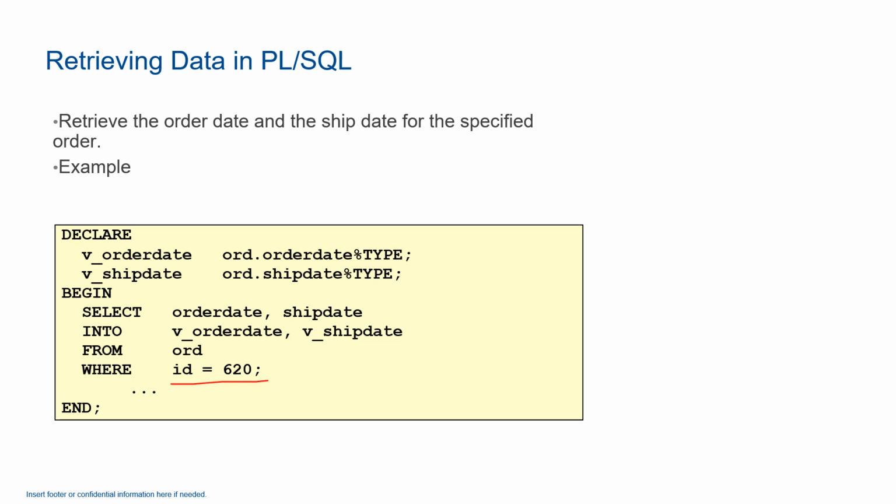So we are getting values from the table ORD where ID is 620 and fetching them into v_order_date and v_ship_date. This SELECT statement will get the values into these variables. So this is a simple example to retrieve data.